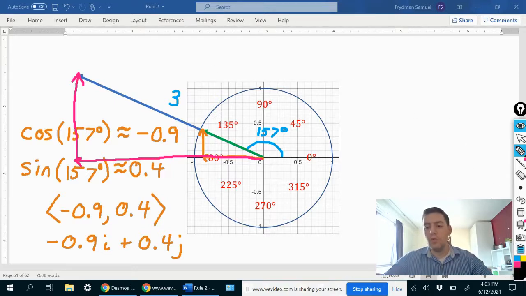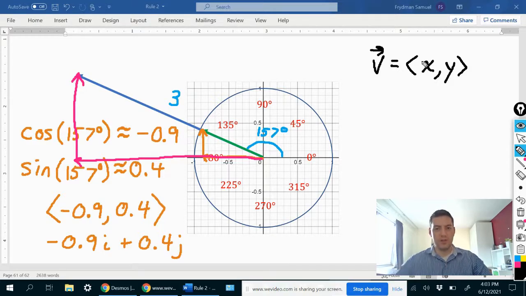You may recall we said that if we have some vector and the components of the vector are x, y, where x is the horizontal component and y is the vertical component, then if we multiply the vector by some number a, where a is just some scalar, then the components of the vector would also get multiplied by a.